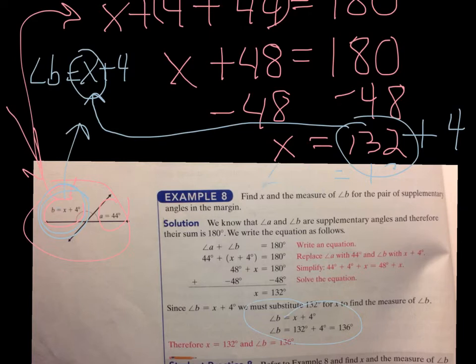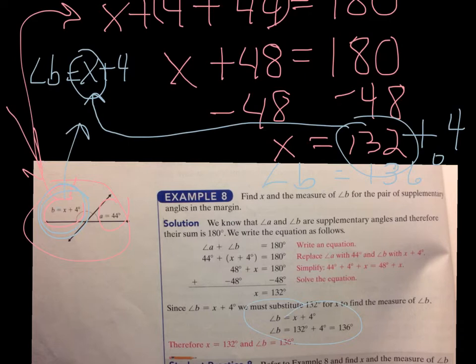Angle B equals 136 degrees. So there's two answers that you need to find for this. Some of you might say, oh, well, I could have just found that by doing 180 minus 48.